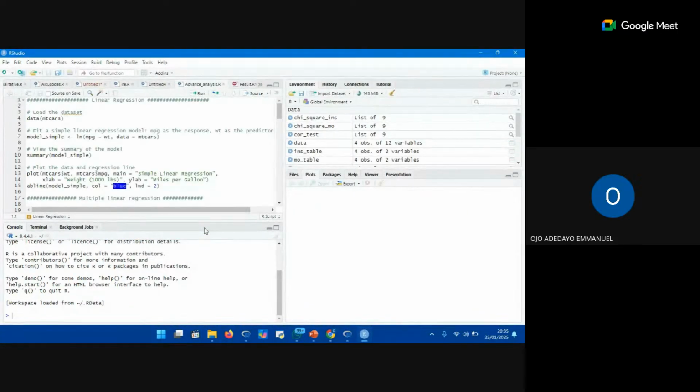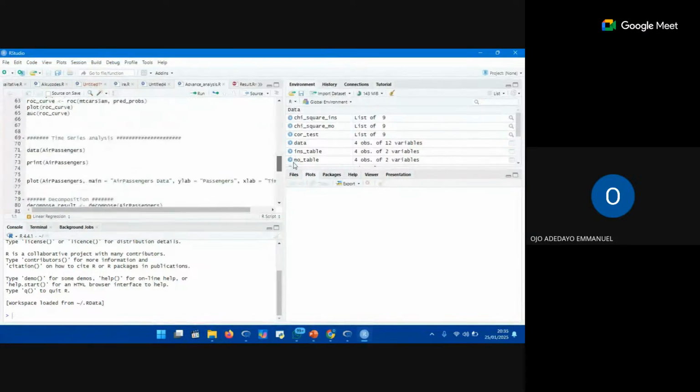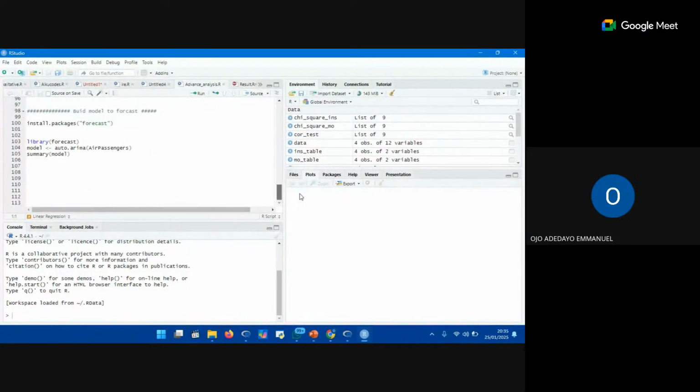Now tonight, I'm going to be using two data sets to perform the analysis that we're going to be seeing tonight. Number one is our normal mtcars that we have been using, and then another one is the AirPassengers data for our time series.